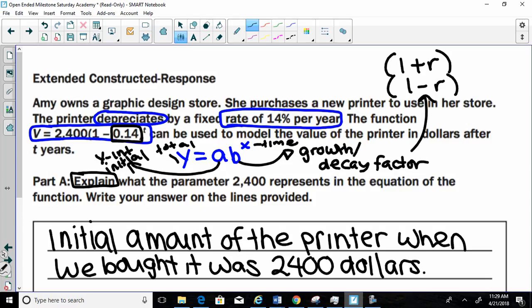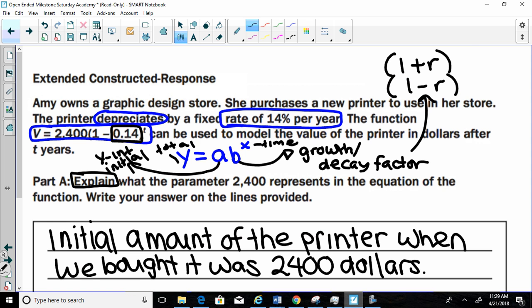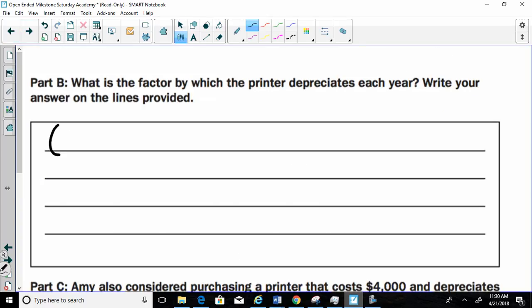The next question says, what is the factor? Don't explain, don't waste your time. We know the factor is b, what's in the parentheses. So what is in parentheses? It's 1 minus 0.14. What does that equal? 0.86.